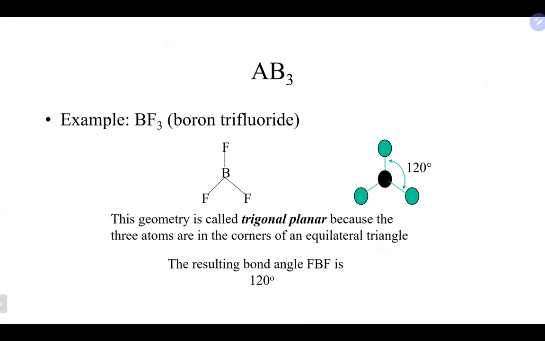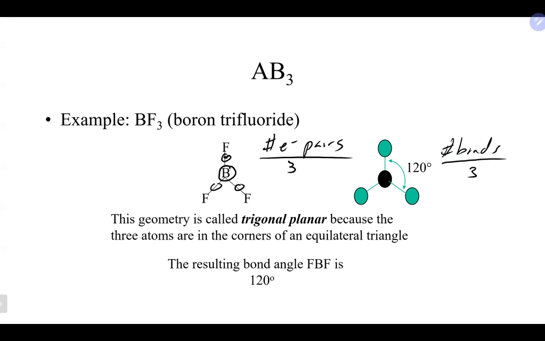So here, if we look, number of electron pairs, and once again, it is the center atom that's most important. This guy has 3 electron pairs, 1, 2, and 3. And number of bonds is also going to be 3, 1, 2, and 3 bonds. Something with 3 electron pairs, the electron pair geometry name is going to be trigonal planar, or sometimes referred to as triangular.